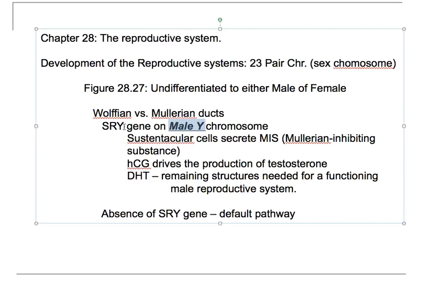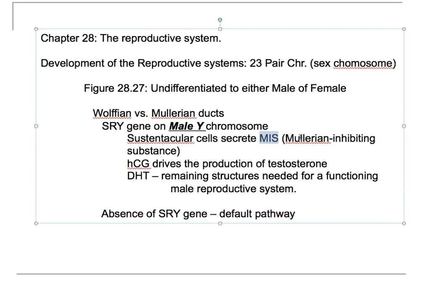When expressed, a population of cells, sustentacular cells, or nurse cells, or Sertoli cells, are going to secrete this molecule MIS. So your sustentacular cells, which are part of the male reproductive system, are in fact an endocrine gland, and they secrete Mullerian inhibiting hormone or substance.